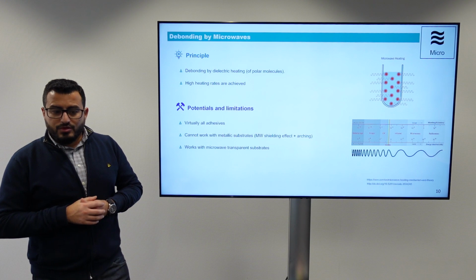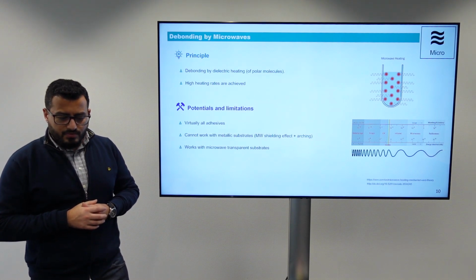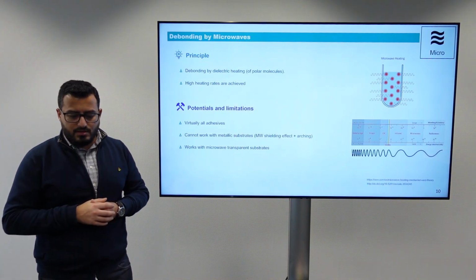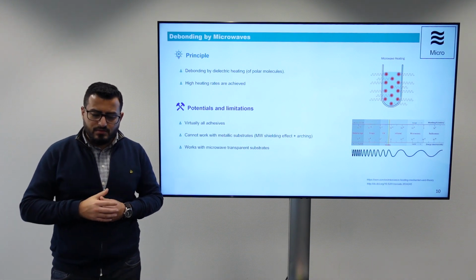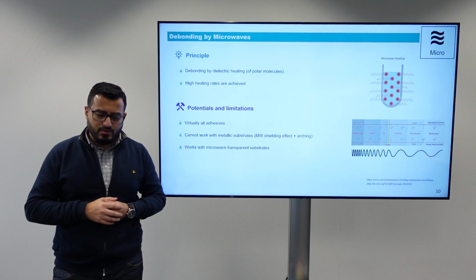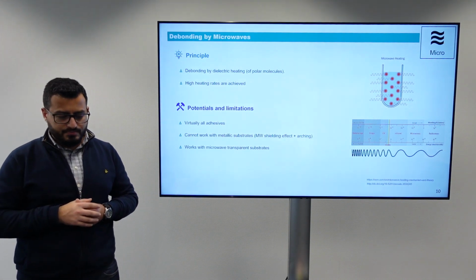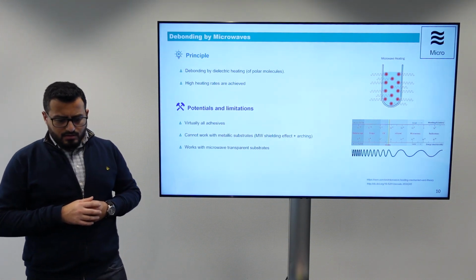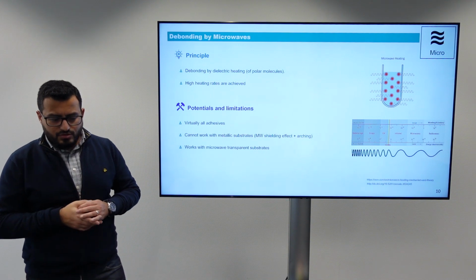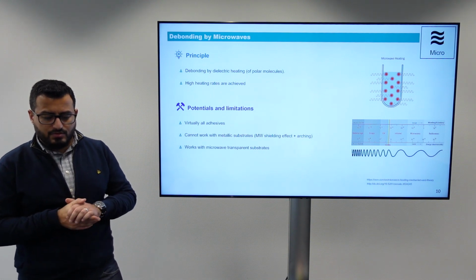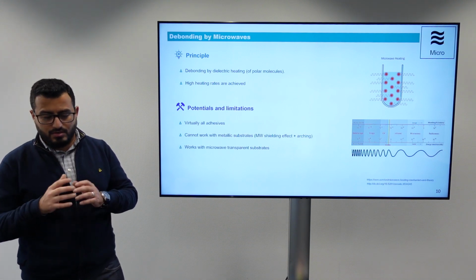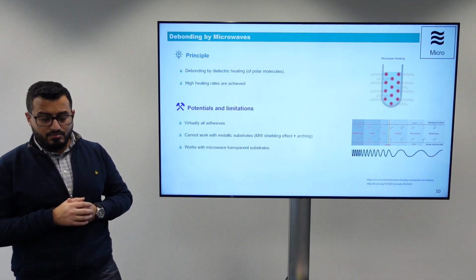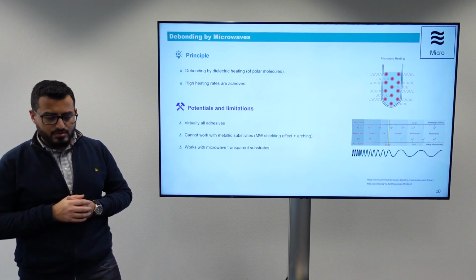Finally, we have debonding by microwaves, and the principle is basically debonding by dielectric heating for polar molecules, and similar to the induction technology, this can achieve very high heating rates. The advantages of this method is that it can be used with mostly all adhesives, because all adhesives actually have polar molecules.